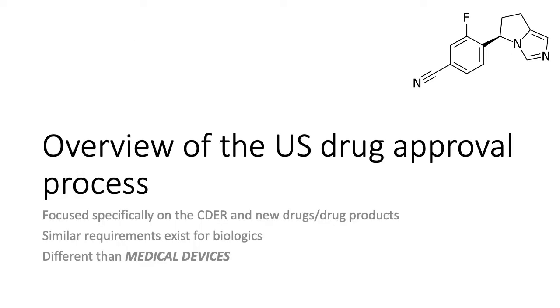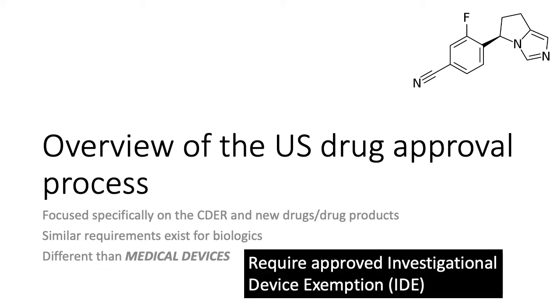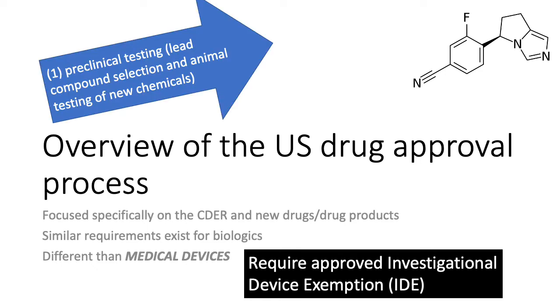So for the US drug approval process, as we have said, it goes through the CDER. The same rules and regulations apply to the biologics, but for medical devices, the situation is different. They require something called the investigational device exemption approval before you go into FDA approval.